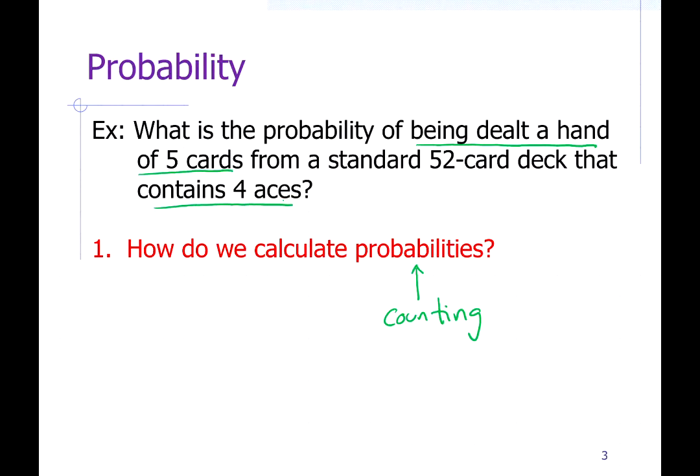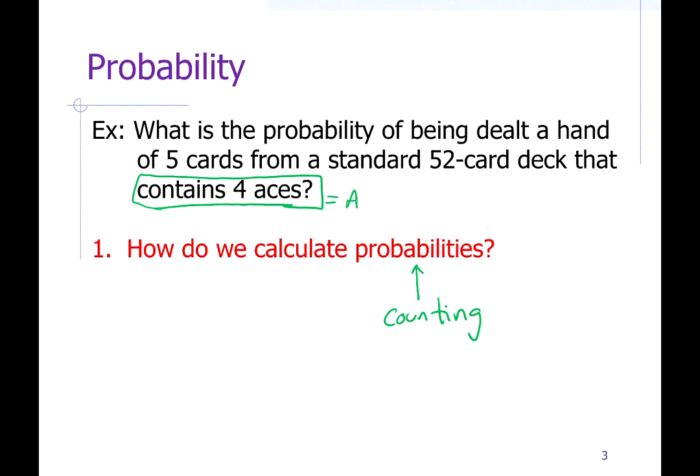That's our event. 4 aces in our hand. We also have to calculate how many different ways the process can happen. Let's call the event of containing 4 aces event A.